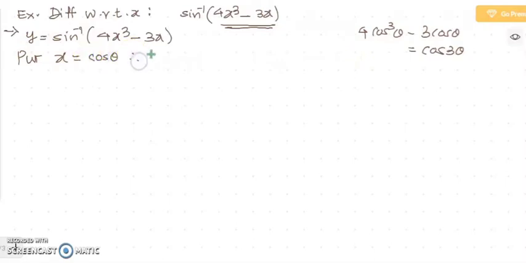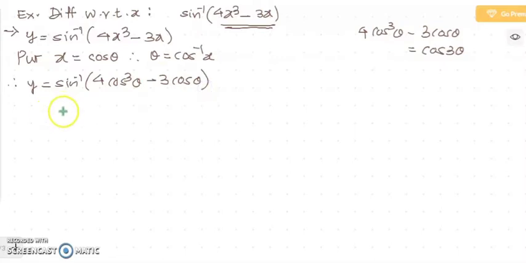Therefore theta is equal to cos inverse of x. Therefore y is equal to sine inverse of (4 cos cube theta minus 3 cos theta), which is equal to sine inverse of cos 3 theta. Now this is slightly different.